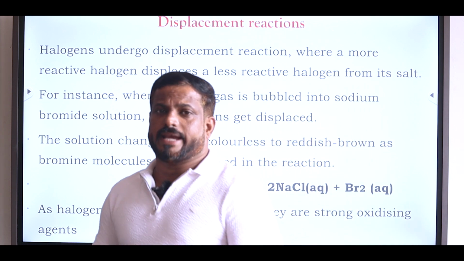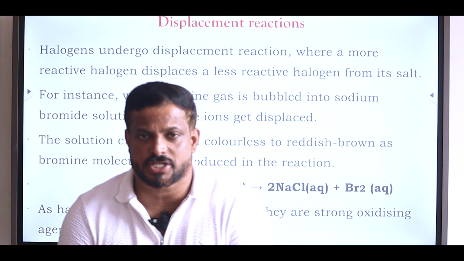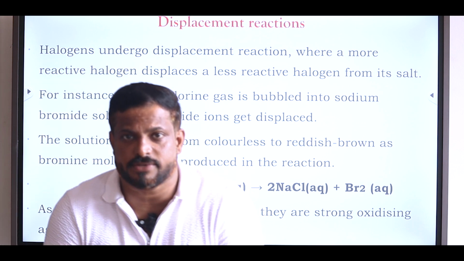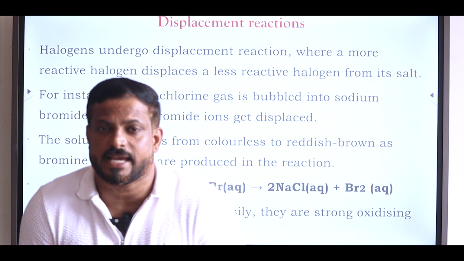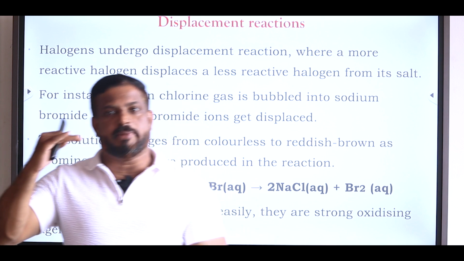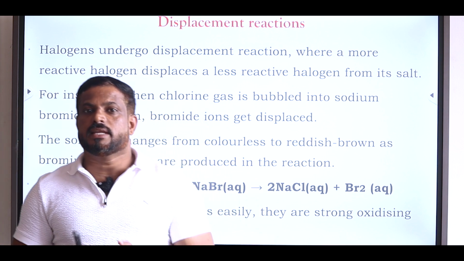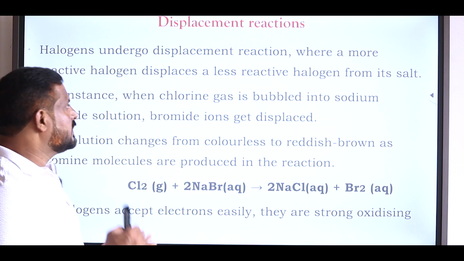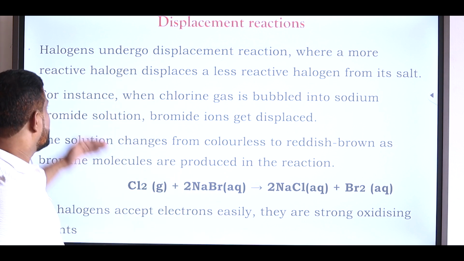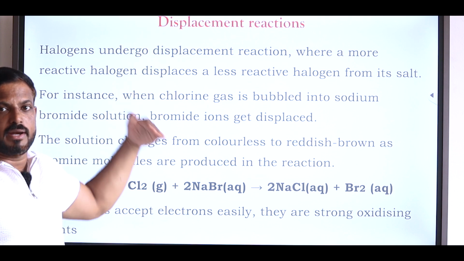Halogens show one particular reaction, that is the displacement reaction. Displacement reaction means a highly reactive element displaces a less reactive element from its salt solution. From top to bottom in halogens, does the reactivity increase or decrease? Decreases, right? So the highly reactive one is on top: fluorine, chlorine, bromine, iodine.